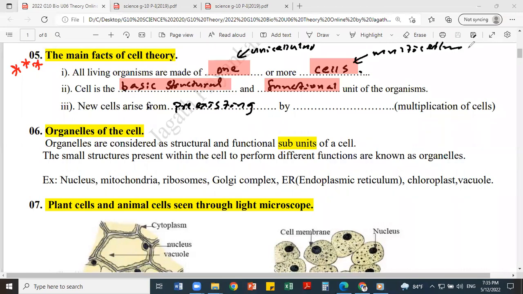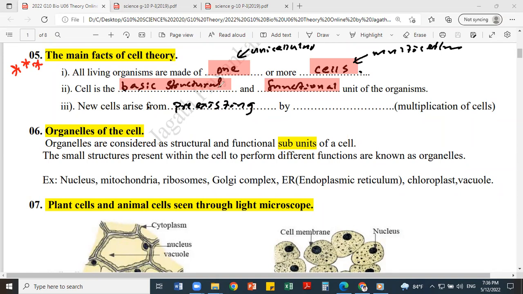Plants are multicellular. Bacteria, Amoeba, Paramecium, Euglena, Chlamydomonas are unicellular. So organisms can be unicellular or multicellular, but all the organisms are made of cells. Without cells, we don't call any structure in the world an organism.